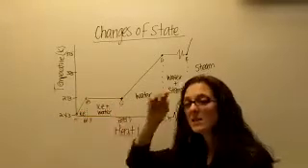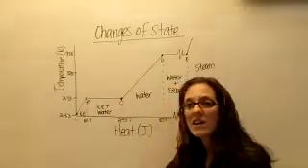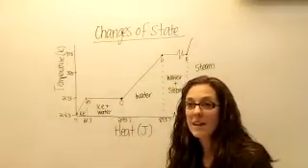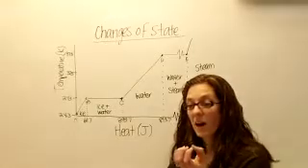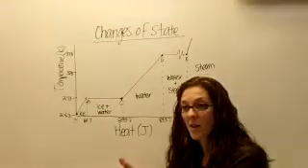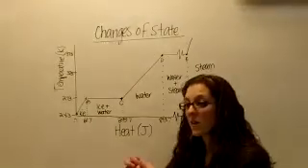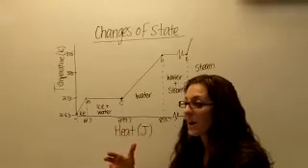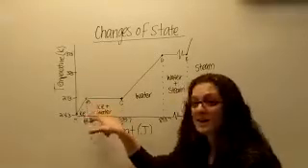So as soon as it hits that 273, that's the melting point. That's not when all of a sudden you had an ice cube and now it's all water. No, they're overcoming that force, and this is ice and water.